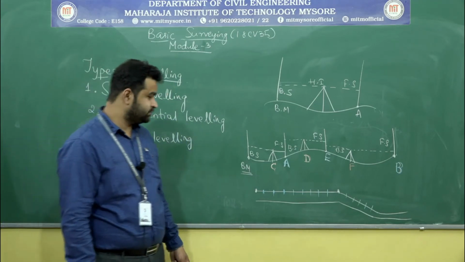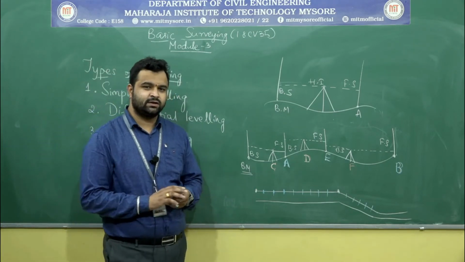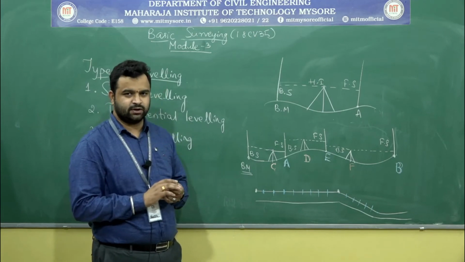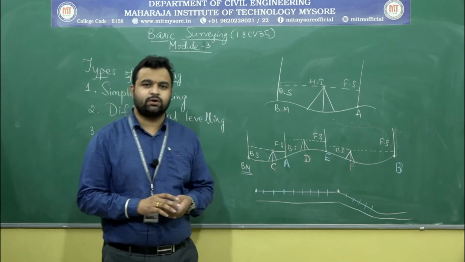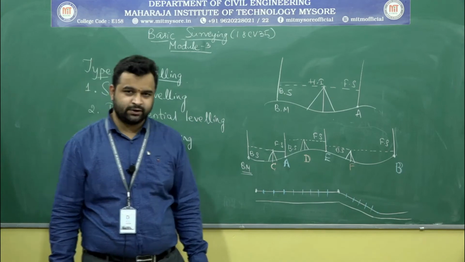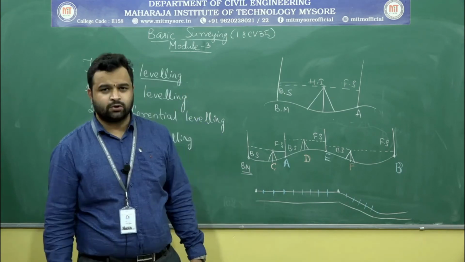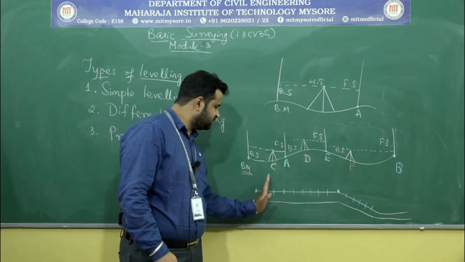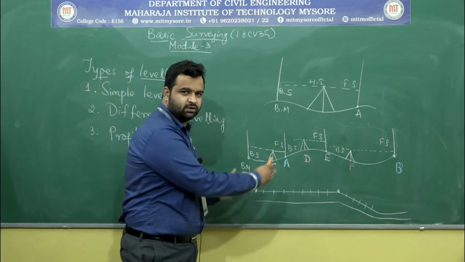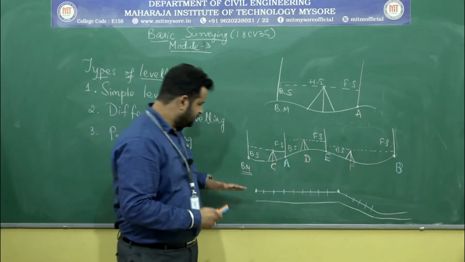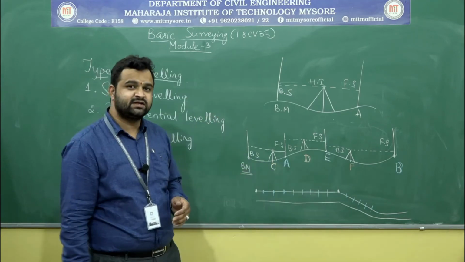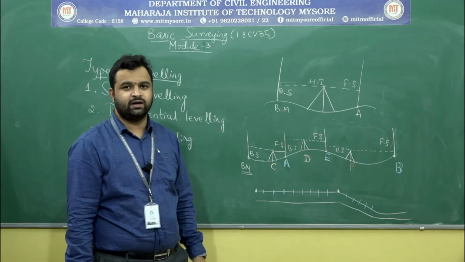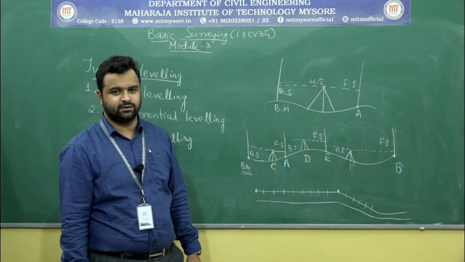To know the profile of the surface, we adopt profile leveling. In this case, what we need to keep in mind is we should fix a line previously whose profile is to be known. So, profile leveling, also called longitudinal sectioning, is the process of determining the elevation of points at short measured intervals along a fixed line, such as the center line of a railway, highway, canal or a sewer.